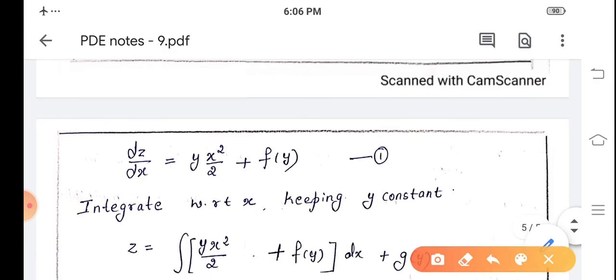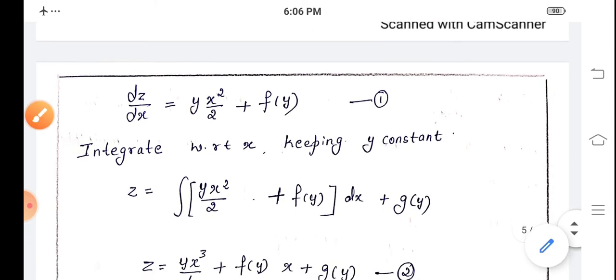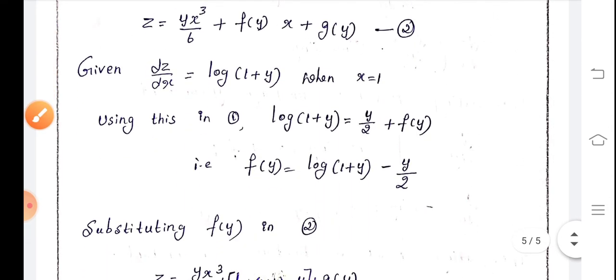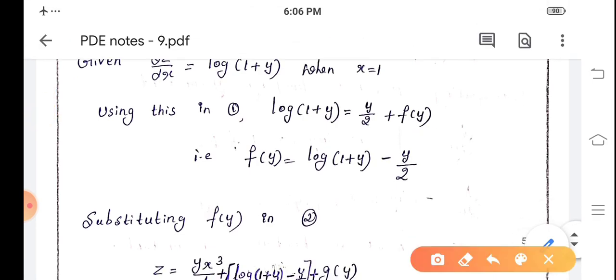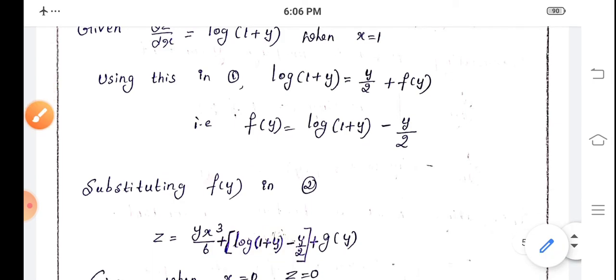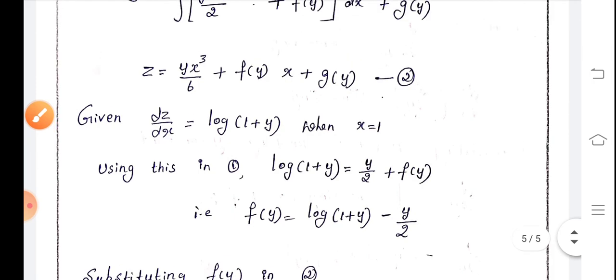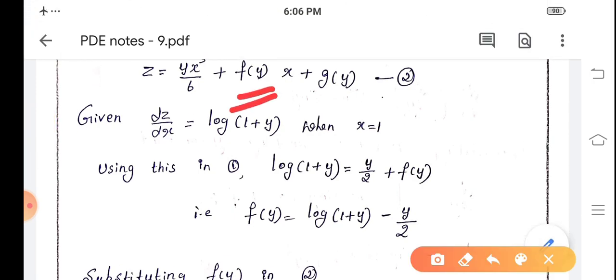So it becomes y into 1 by 2, that is y by 2 plus f of y. Now we write f of y is equal to log of 1 plus y minus y by 2. So after getting f of y, we can substitute f of y in equation 2.